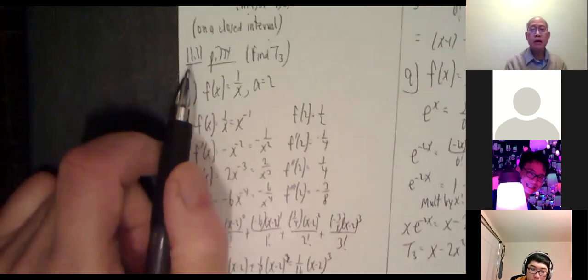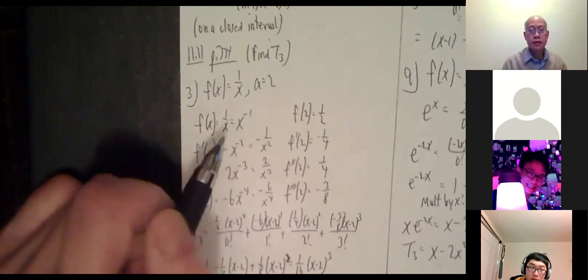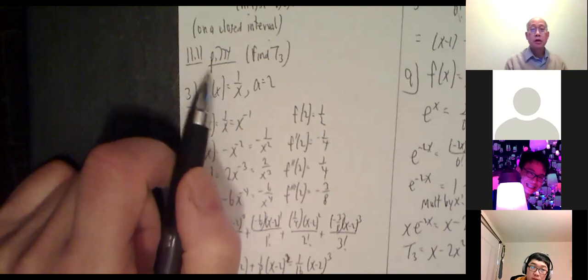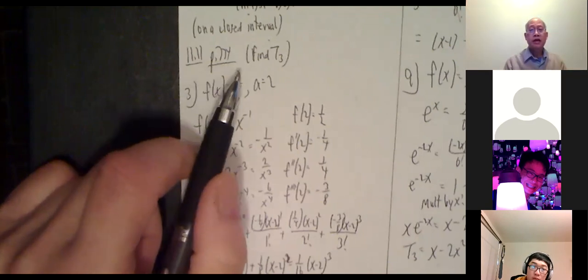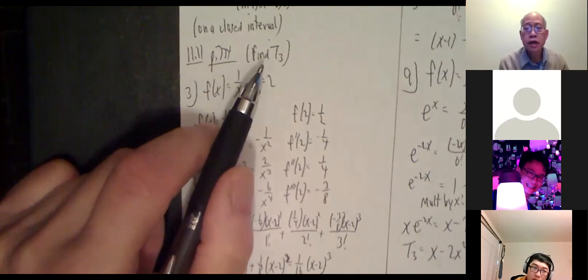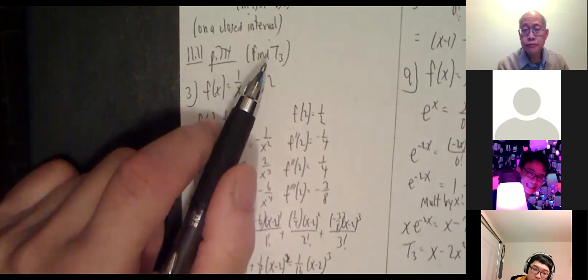All right. So I'm going to go back and do a lot of problems from 11.11. And again, these are my problems. They're not necessarily the same as yours, but you're still learning stuff, hopefully. The beginning problems from 11.11 say find T3, the third Taylor polynomial, which actually means 4 terms.